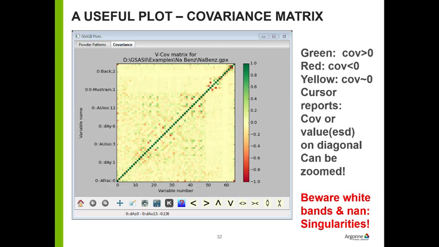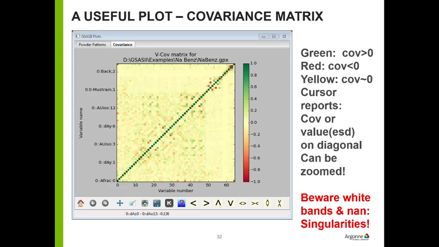When you then invert that matrix, which is part of solving the least squares, then that resulting matrix contains the covariances between pairs of parameters from the least squares. And this is a graphical representation of it. And the colors are such that if the covariance is negative, it's red. If the covariance is positive, it's green.